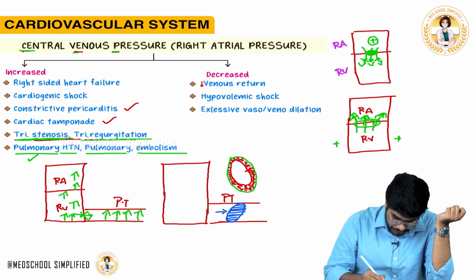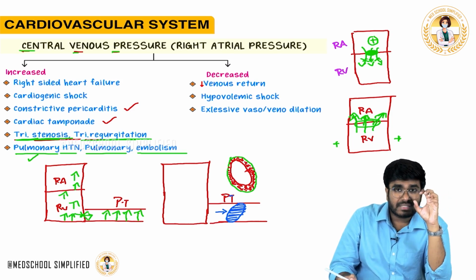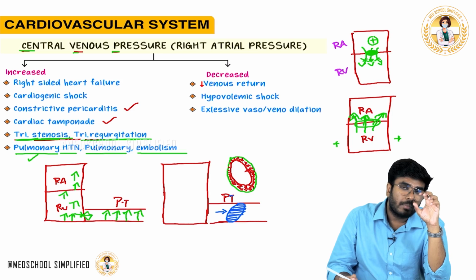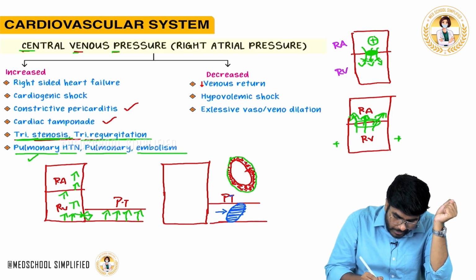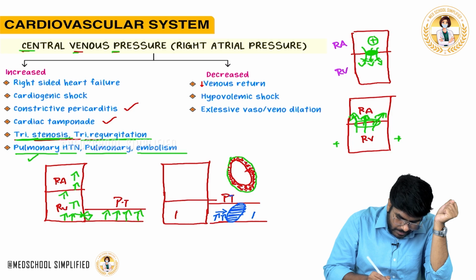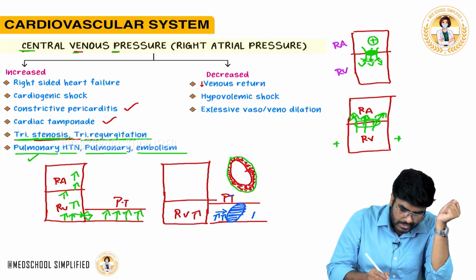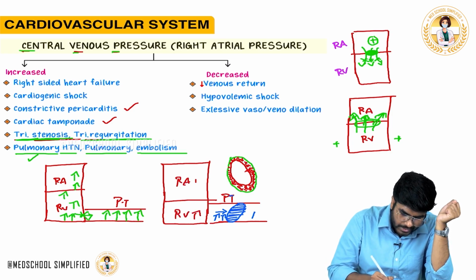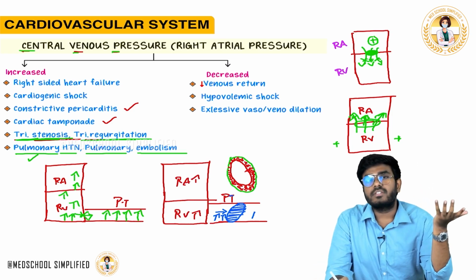Because of this embolus, the pulmonary vasculature will undergo vasospasm. So automatically the pressure here increases. That increase in the pressure will translate into an increase in the pressure in the right ventricle. Right ventricular pressure increases, automatically right atrial pressure increases. When right atrial pressure increases, central venous pressure is increased.